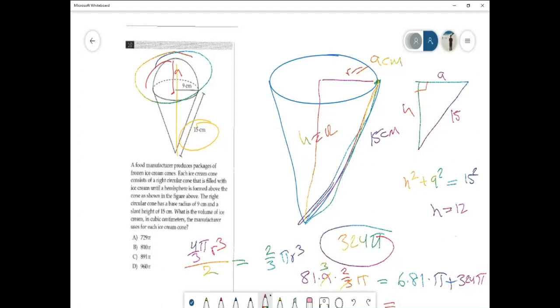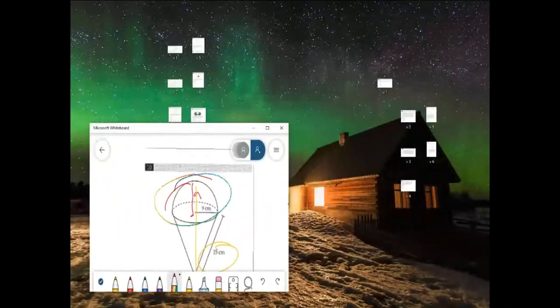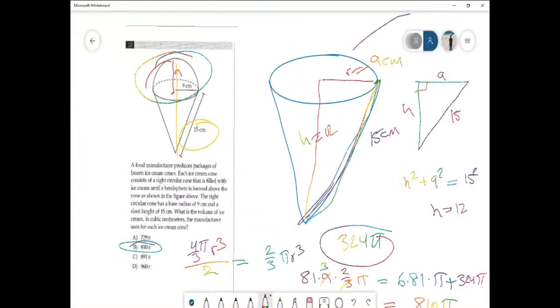I can cancel this, so it will be 3, sorry. So it will be 6 times 81 pi plus 324, which was the volume of the cone. Together it will be, let me add, 6 times 81 plus 324, 810 pi, which is B.